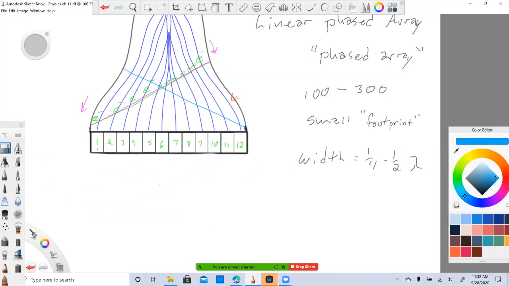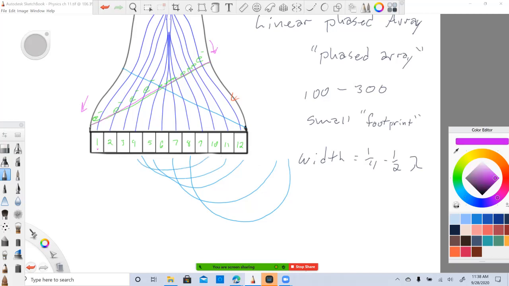We'll make blue circles. 12 was the first one to be created, so it's a little farther out. 11, 10, 9, 8.